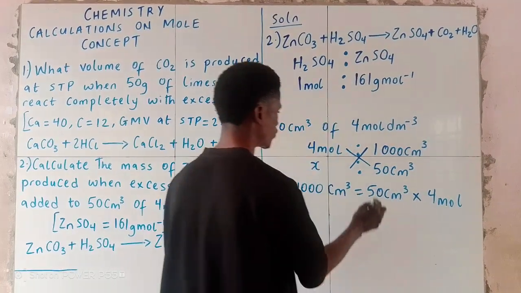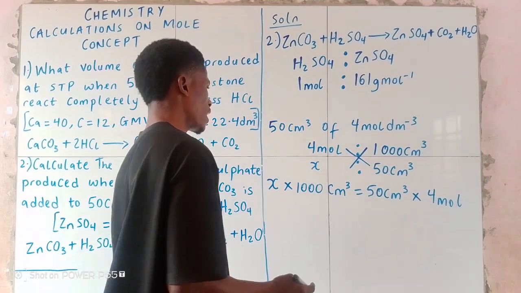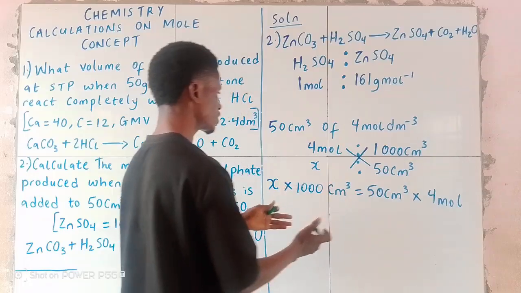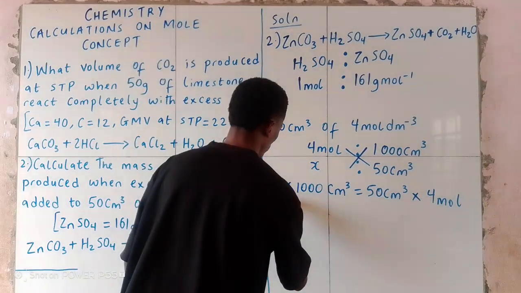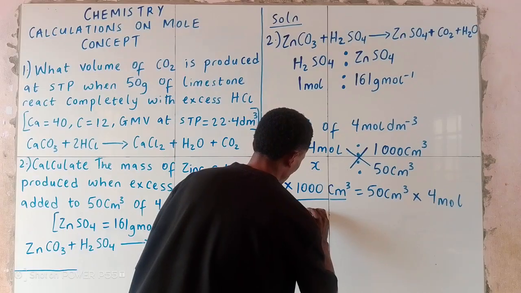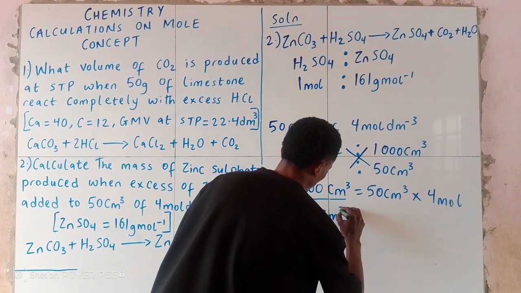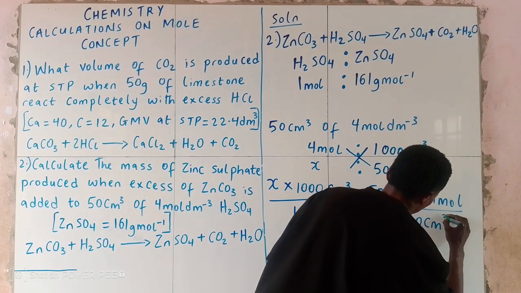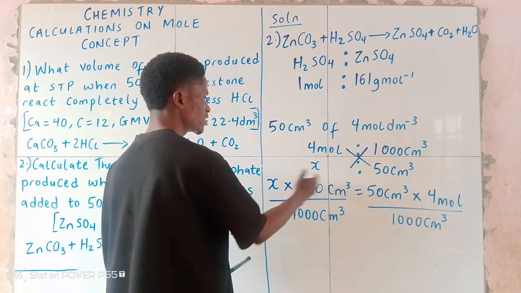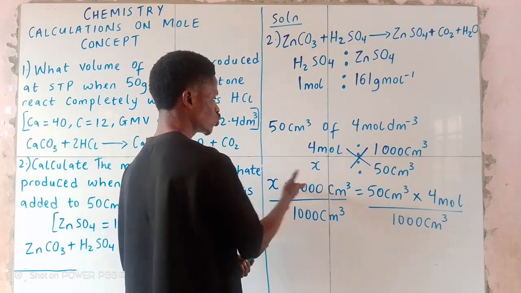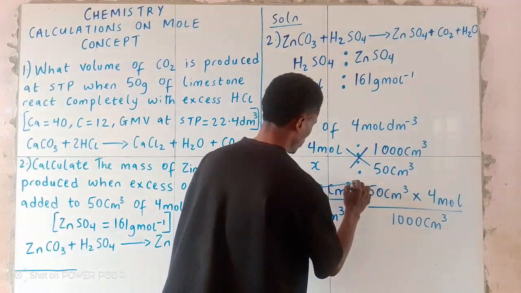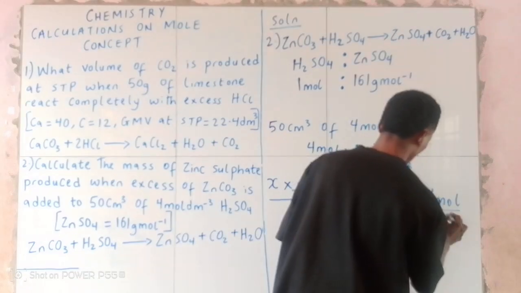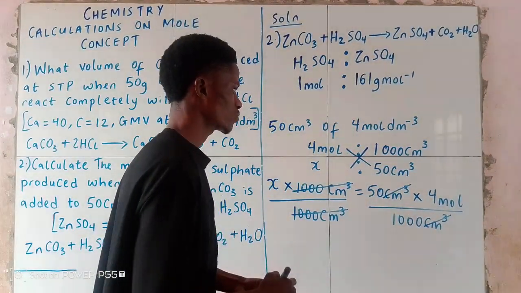My next task is to divide both sides by 1000 cm³, since it is the coefficient of x. If I multiply this, I'm going to get 1000 cm³ x. So this is 1, this is 1. cm³ cancels cm³.